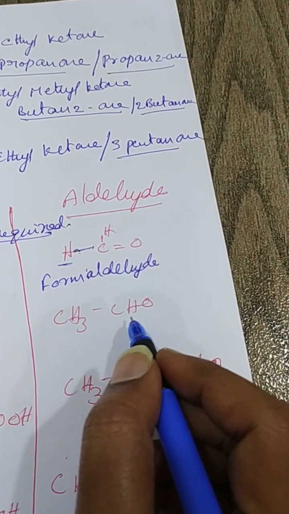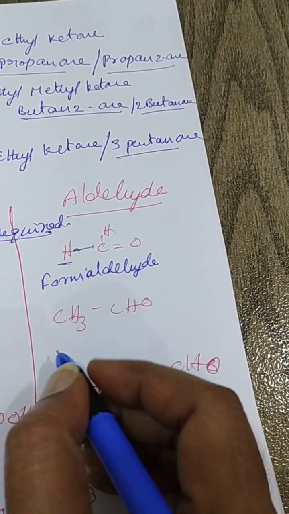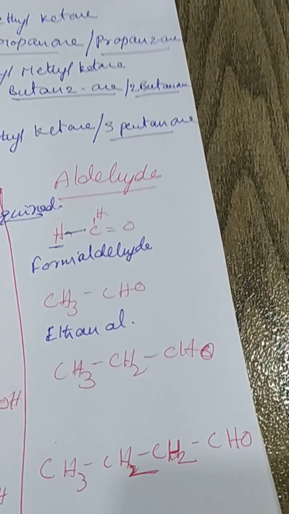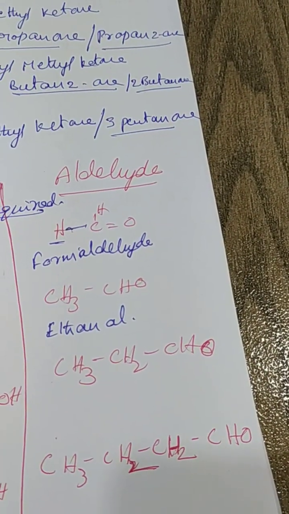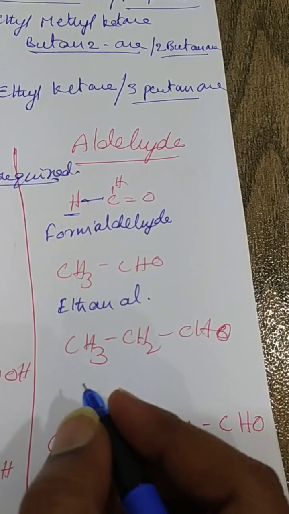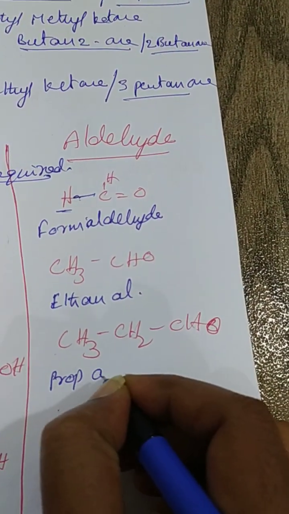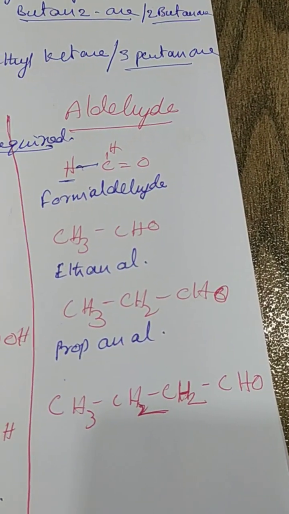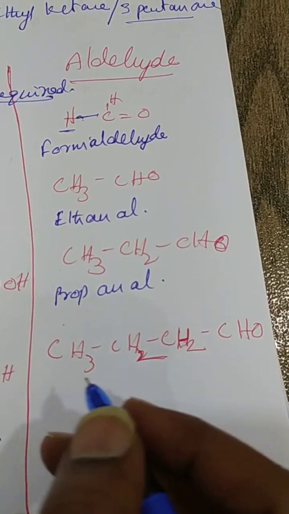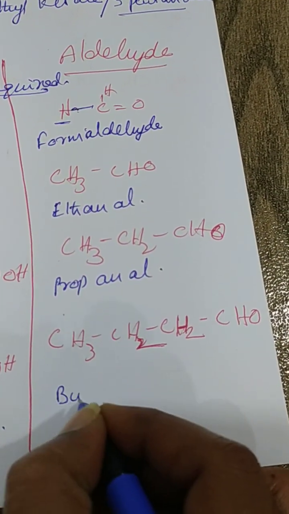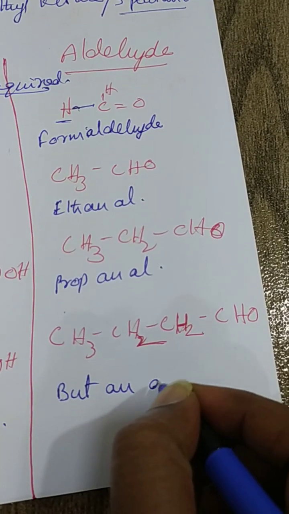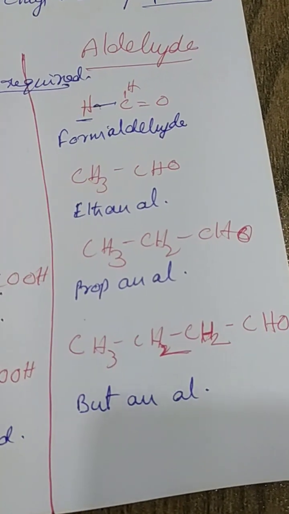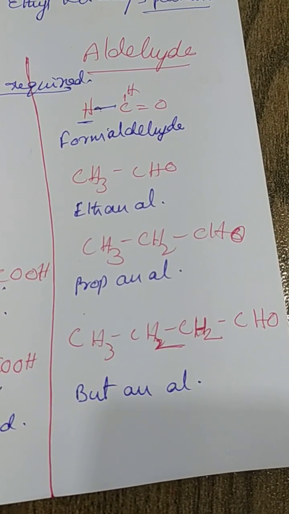Here 2 carbons are there: ethanal. Then propanal, and here there are 4 carbons: butanal. This is the common nomenclature for the functional groups.